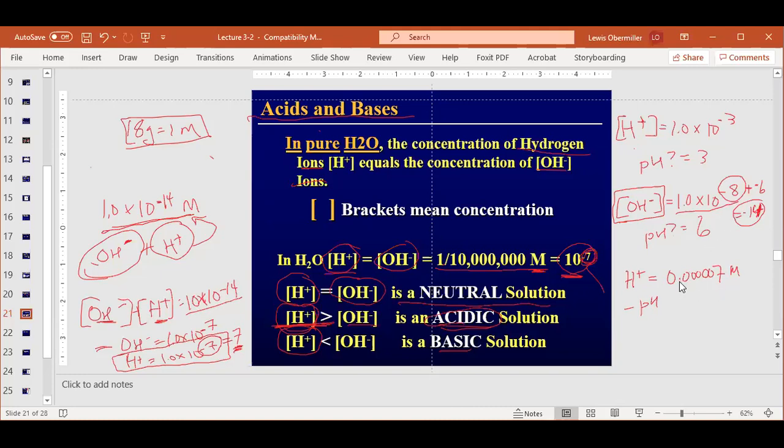So you move the decimal 1, 2, 3, 4, 5, 6 places. So that's 1.0 times 10 to the negative 6, because that's how I'm moving the decimal. And so what's the pH of this solution? Six. Yeah, because I give you the hydrogens, right? So let's try one more.